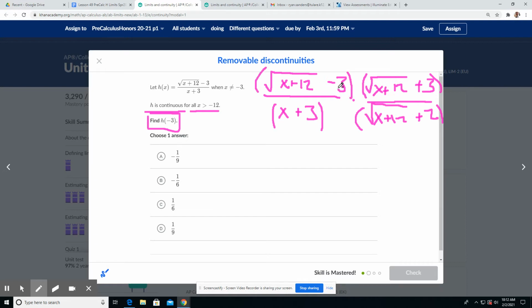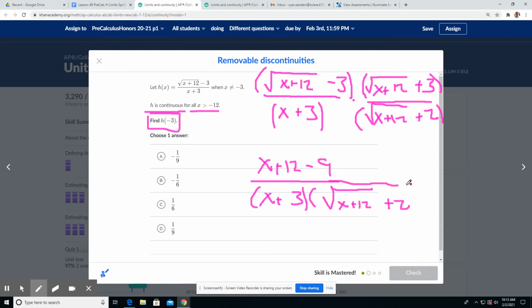Okay, so when we multiply these out, it's a difference of squares. So that would be this squared minus this squared. That's going to be our x plus 12. The square root squared goes away. Minus the 3 squared, which makes 9. All over x plus 3, and we have all that other stuff going on too. Square root of x plus 12 plus 3. All right, so it looks like we're just plugging in values here.